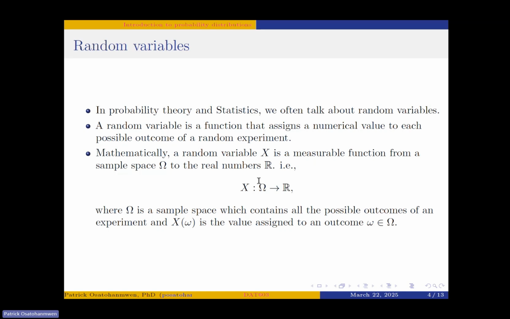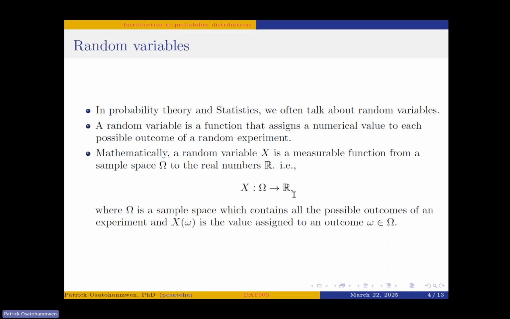So the random variable is that function that processes these outcomes to generate numbers. And at the end of the day, what it generates are real numbers. And when these real numbers are generated, they become very useful for further statistical analysis. So that is just the idea of a random variable. That's one way we can explain it.